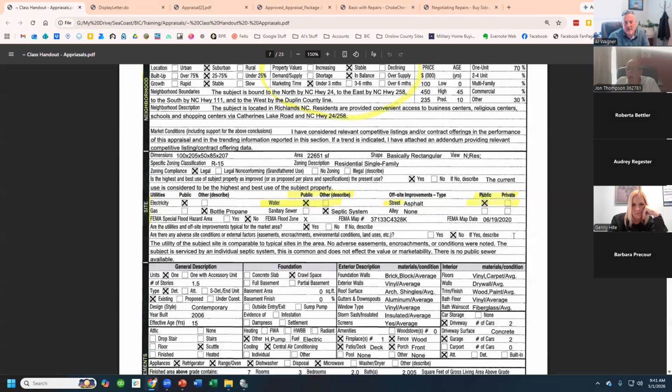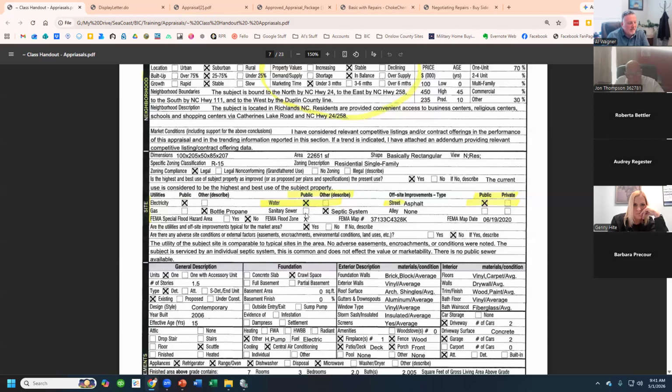That means it's maintained by the state, county, community, somebody. If it has private, you will probably need a road maintenance agreement, something showing that the road is being privately maintained, either by the HOA, in the covenants, or by some sort of road maintenance agreement that's signed by all the owners on that road.